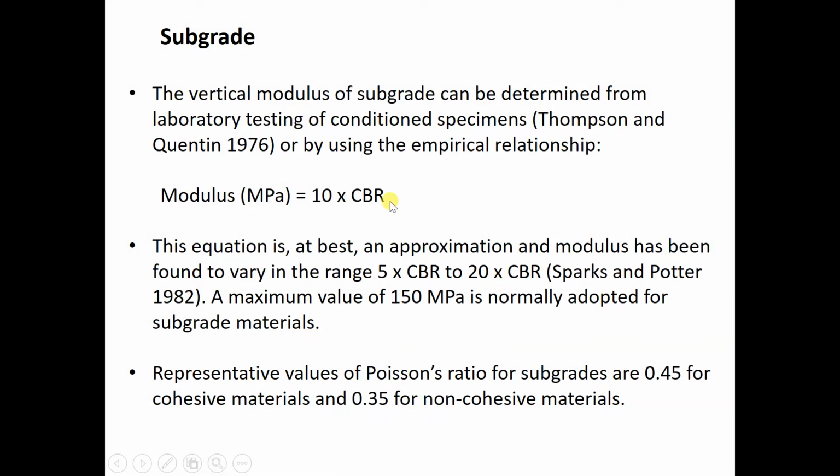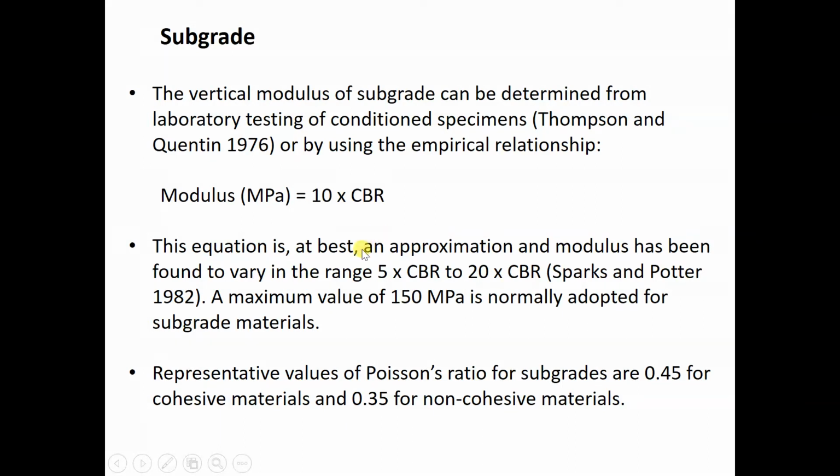Normally we compact the subgrade to about 10 CBR. So normally it's below 10 and not above 10. You could start from, let's say, 3 until 10 for the subgrade.